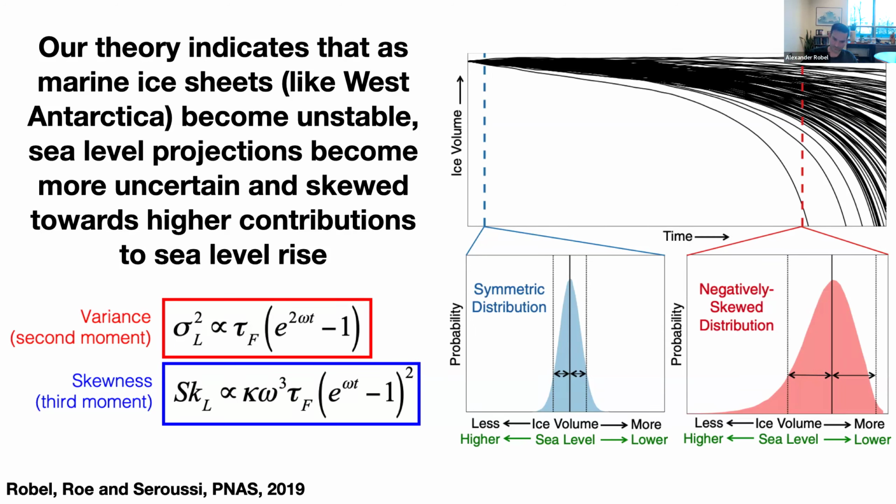So that beta term, which we saw a number of slides ago, which summarizes the nonlinearity associated with ice sheet flow and how it influences grounding line flux, ultimately leads to this finding that you will systematically have skewed distributions of projections, where you have a higher probability of worst case scenarios or outcomes of higher sea level rise.